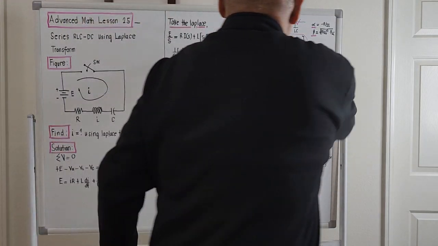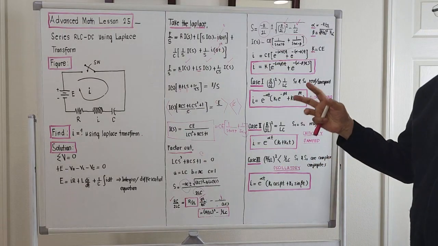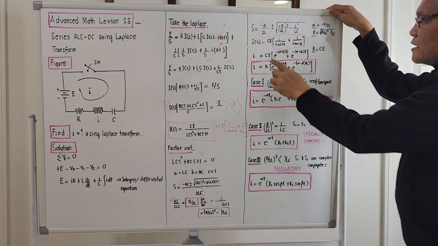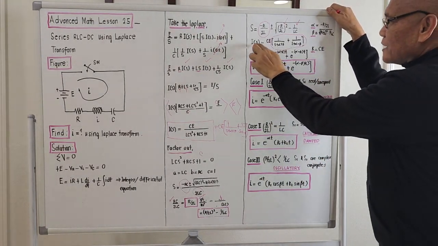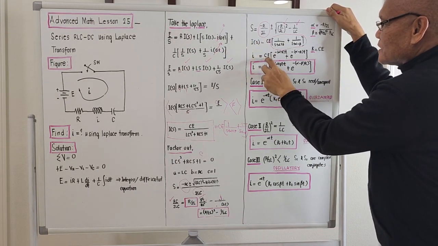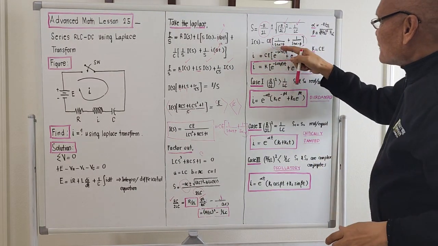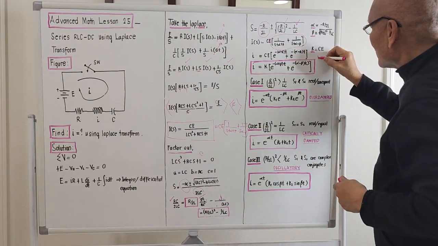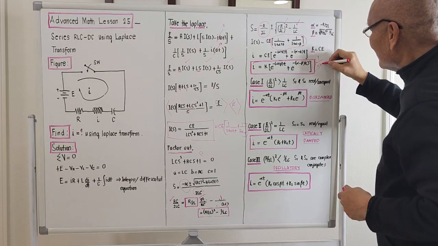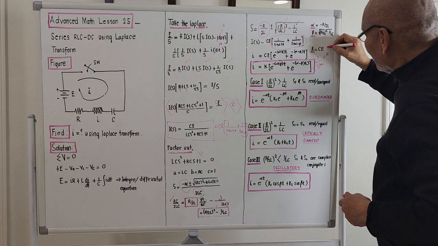Okay, so upon reaching this one, we will take the inverse Laplace. The inverse Laplace transform of capital letter I as a function of S is small letter i. We rewrite CE, so this CE. 1 over S plus alpha plus beta is similar to 1 over S plus A, right? And under Laplace, it should be e raised to negative AT.